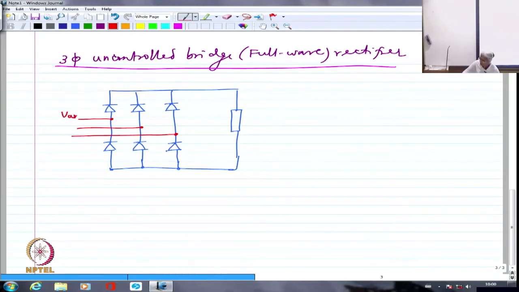Let me draw the waves for the three-phase voltages.